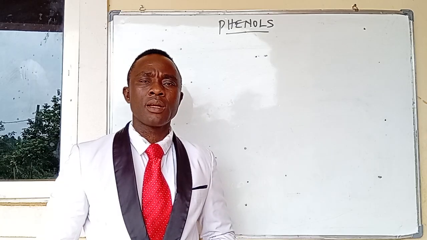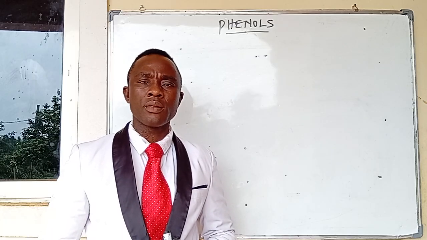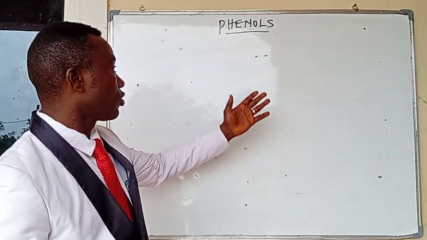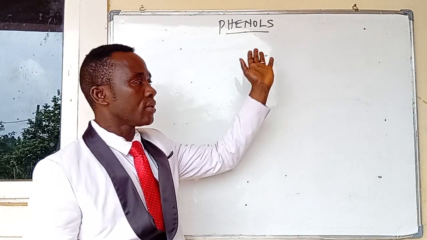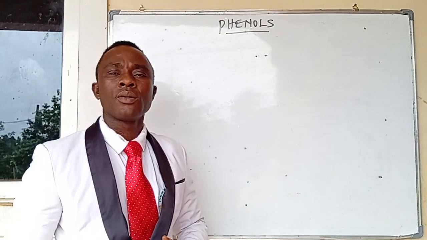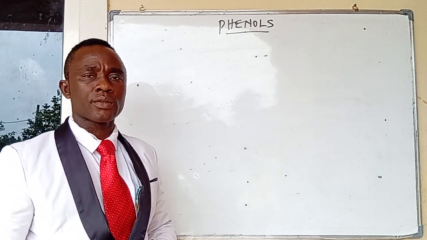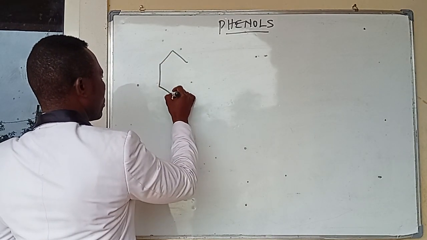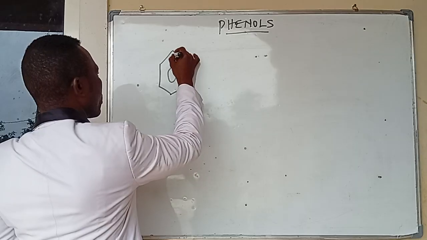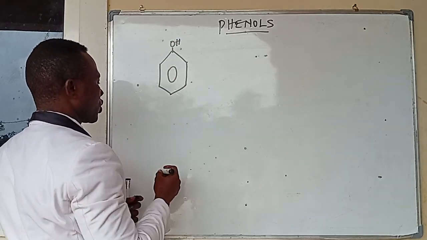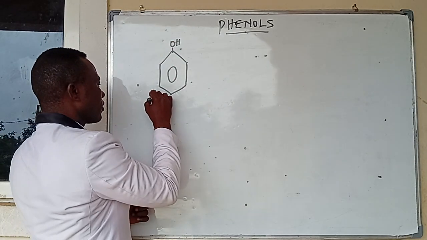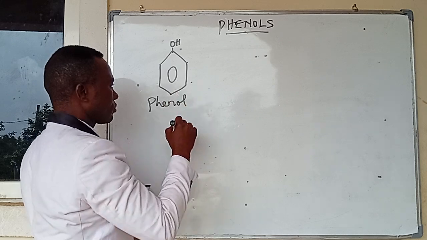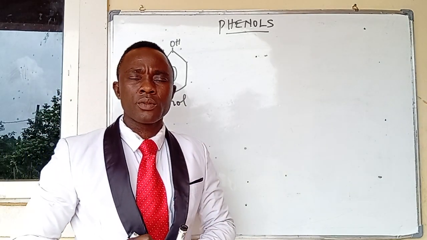In this class, I'm going to be taking you on phenols. Now, we'll start by knowing what phenols are. Look at the structure on the board. If you look at this structure, it is called phenol. What are phenols?